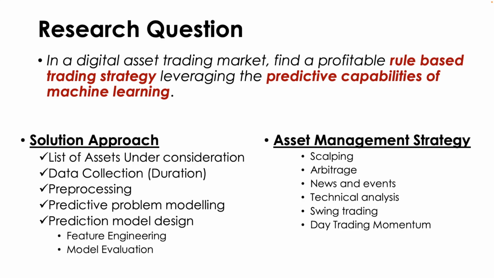The point is that we have a digital asset trading market today, and everybody tries to find a profitable trading solution. Nowadays, machine learning is ubiquitous, it's everywhere. We have models out there, but can we utilize these models to predict the future and build rule-based systems that can help us capitalize on digital asset trading?